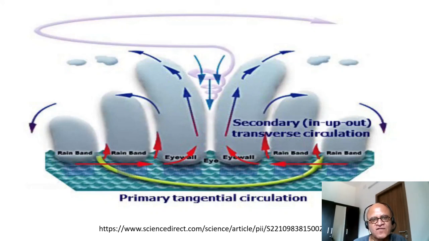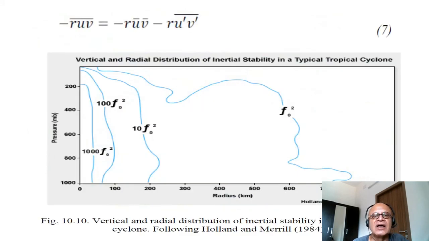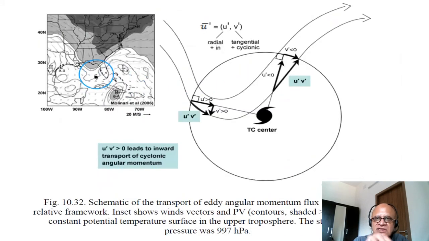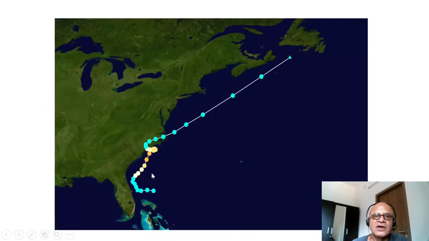So this is another way of describing how the processes of primary and secondary circulation within a symmetric cyclone and its interaction with the environment, which is asymmetric, can intensify the cyclone. And a good example of that was Hurricane Diana in 1984, which went through this intensification through the eddy fluxes in the upper part, driving stronger secondary circulation.